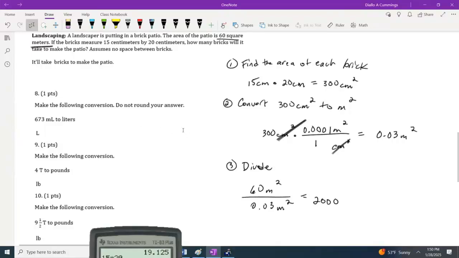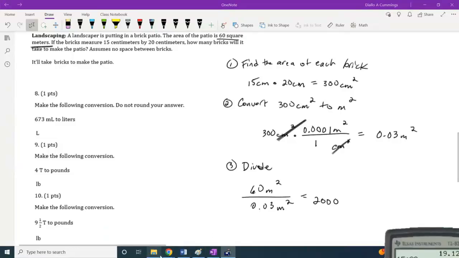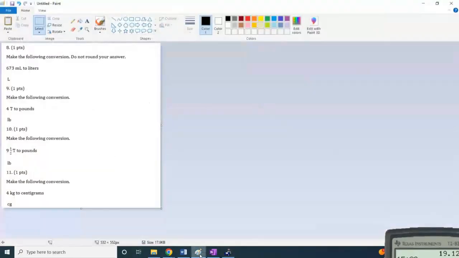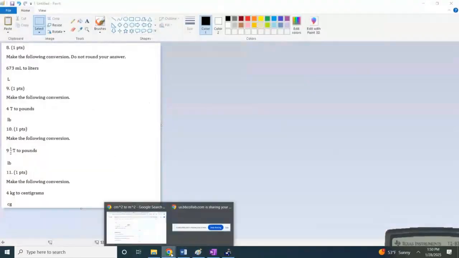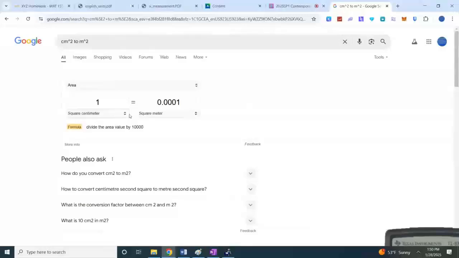Now, as far as Google is concerned, I guess you would still have to make some kind of conversion, but let me just see if this will work. 60 square centimeters or square meters.